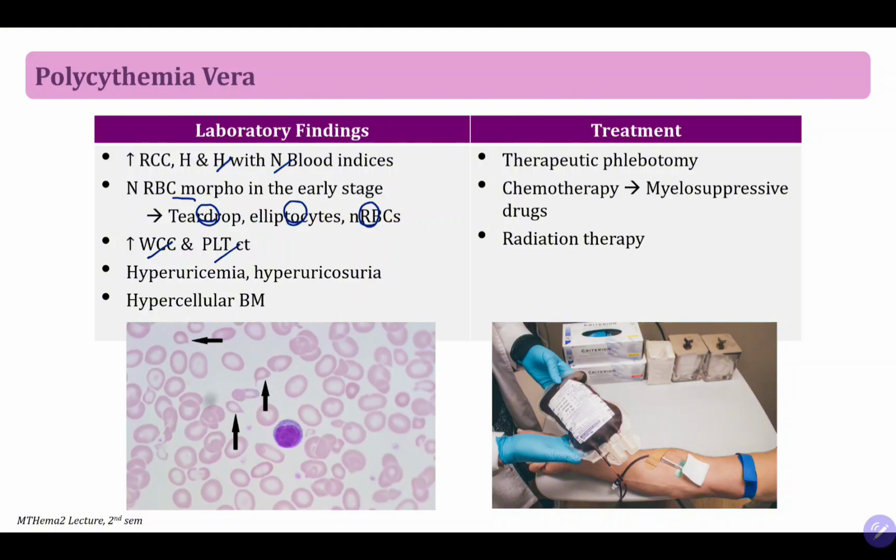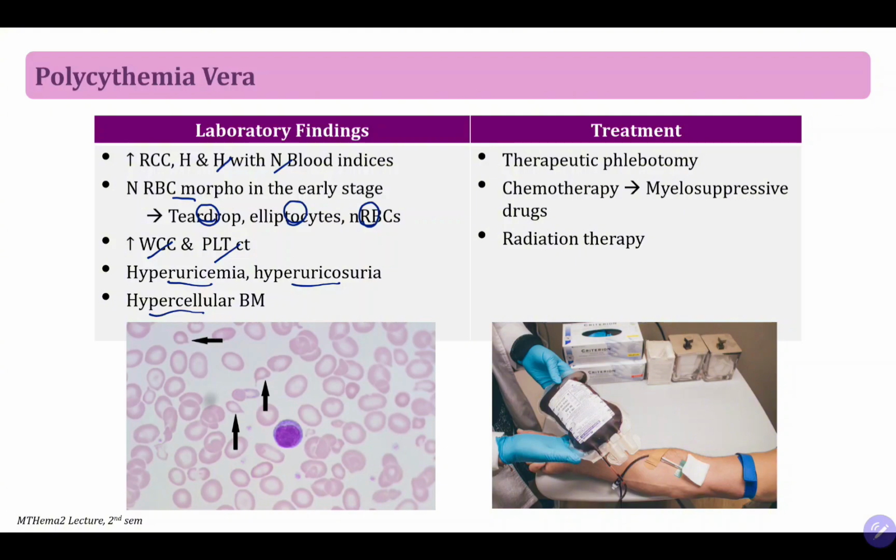And since there would be the presence of panmyelosis or the increase of your cells, there could be increased turnover of these cells and could lead to increased levels of uric acid and thus leading to hyperuricemia and your hyperuricosuria. Bone marrow picture shows hypercellular cells present in the marrow.